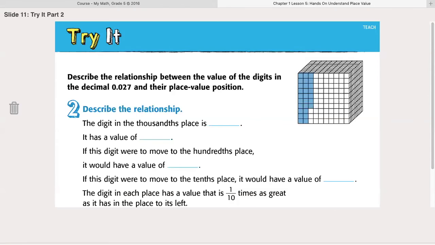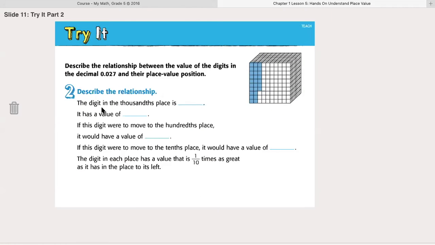Describe the relationship. The digit in the thousandths place is 7. It has a value of 0.007 because it is 7 in the thousandths place. If this digit were to move to the hundredths place, it would have a value of 0.07, which would be 10 times greater.